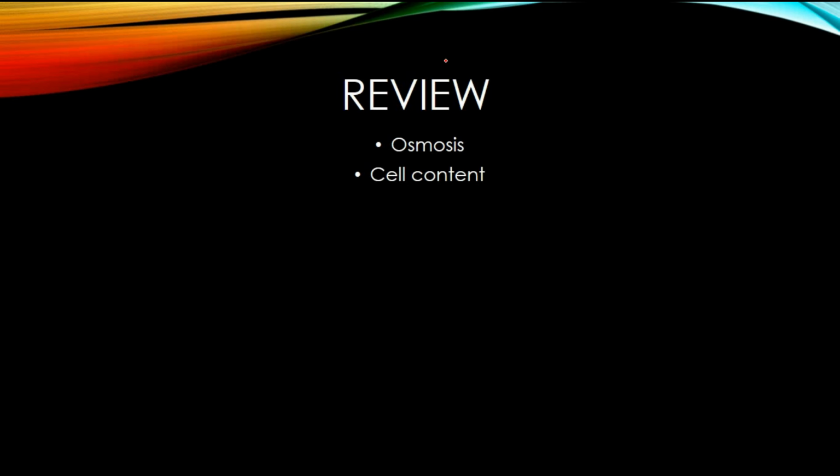Let's call on Shanika Boys quickly. Miss, can you please repeat the question? Tell me about the hypotonic cell content and where we can see that. In a hypotonic, the cell is turgid.